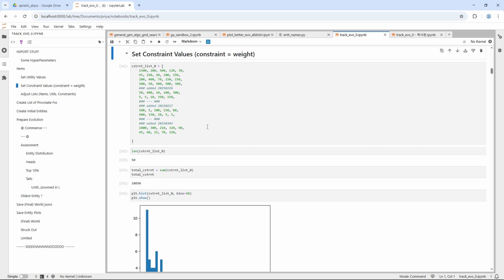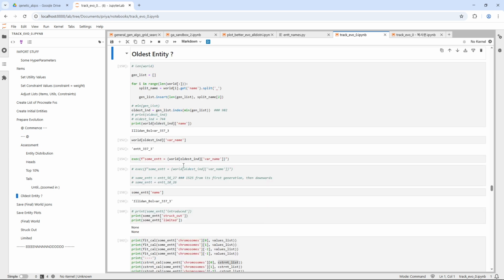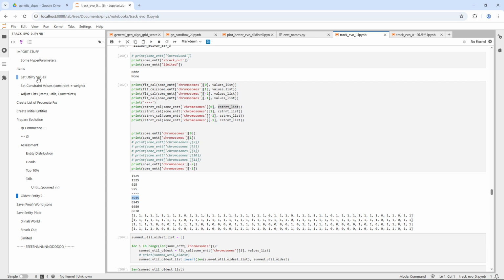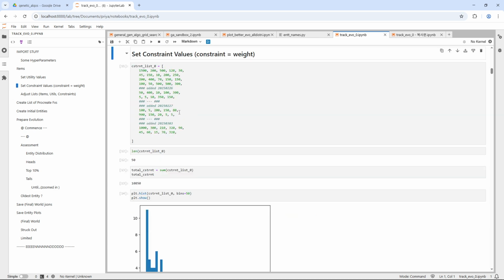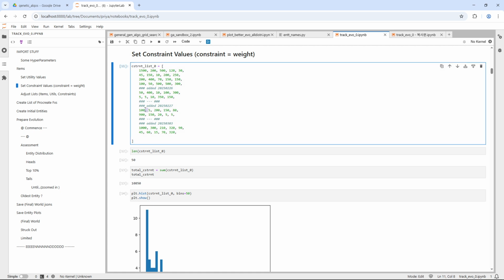And if we look at the constraint values, many items have constraint values over 45, or 55. For example, this one has 5, 5, 5.